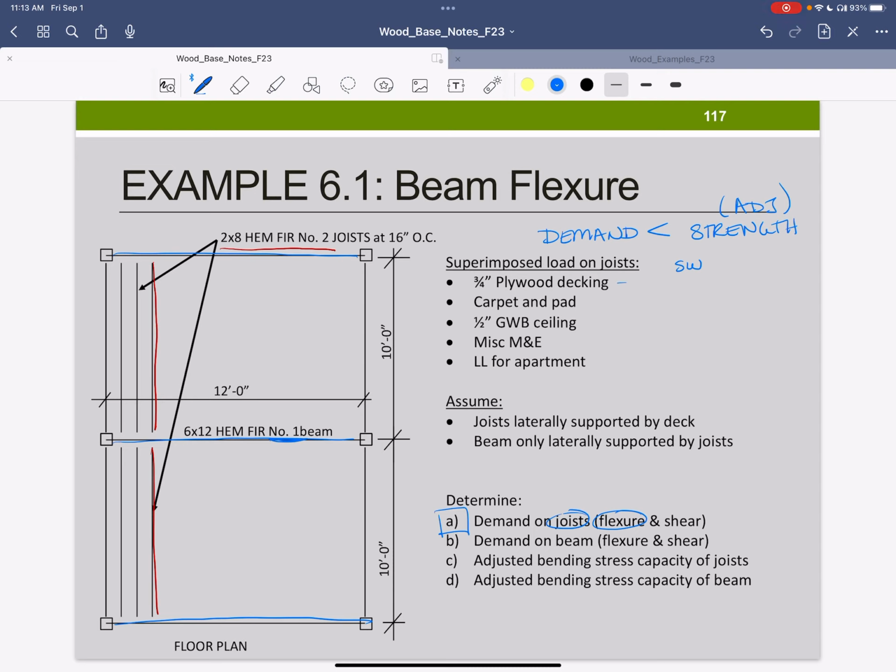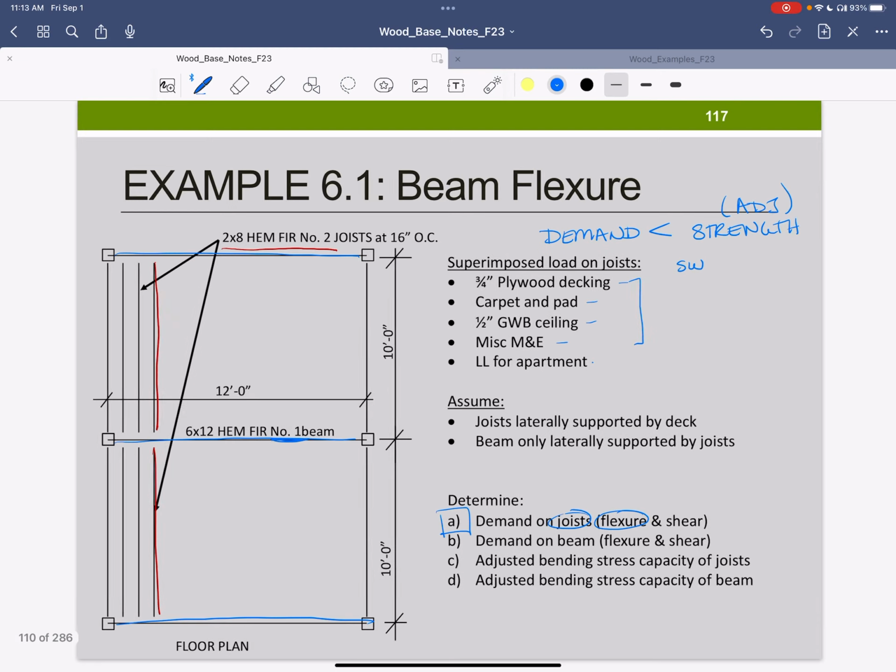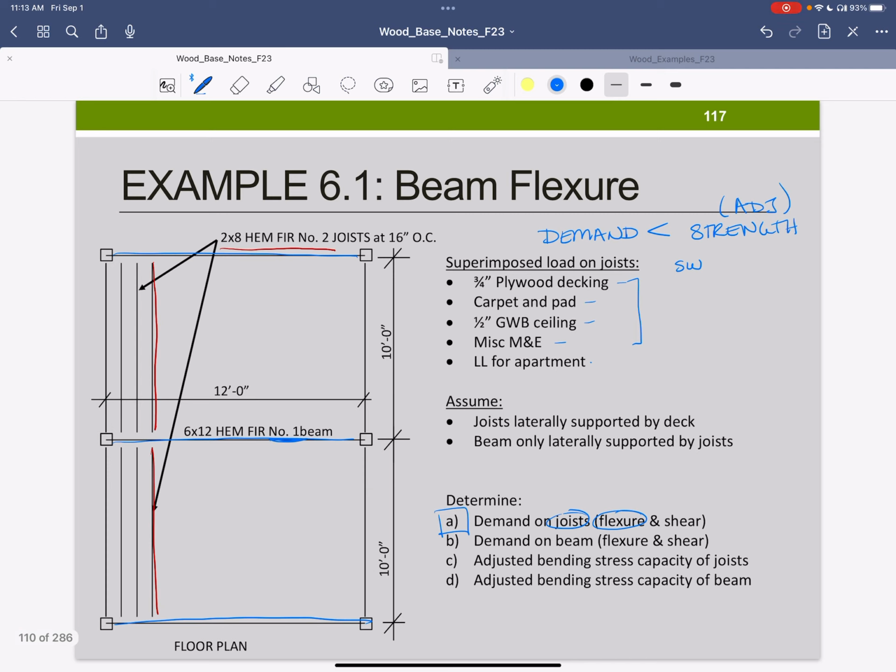We will have the plywood decking, carpet and pad, the ceiling, miscellaneous, mechanical and electrical, and then we will have the live load.